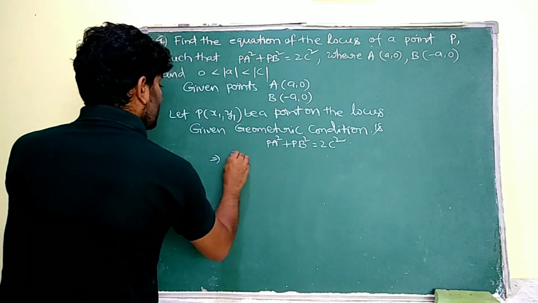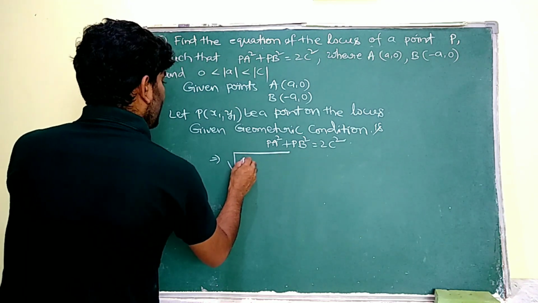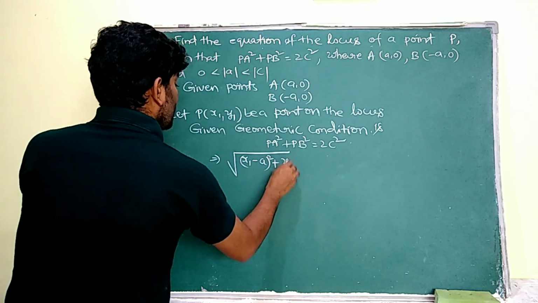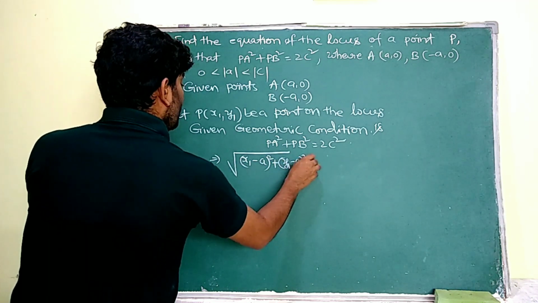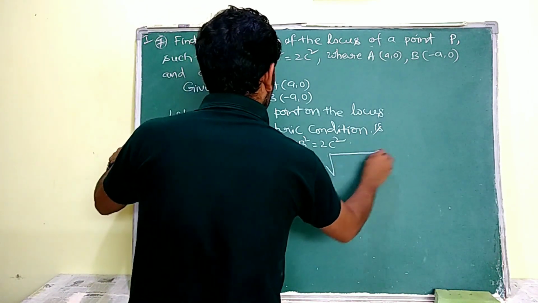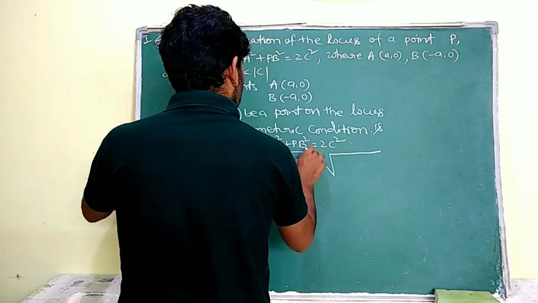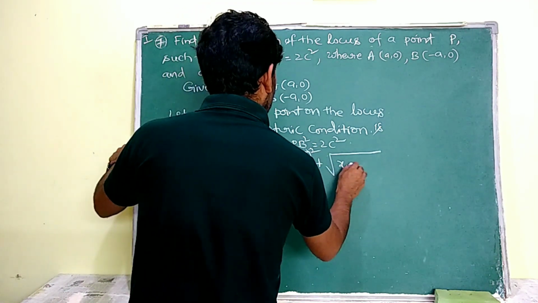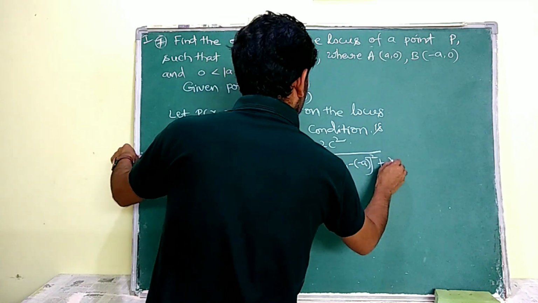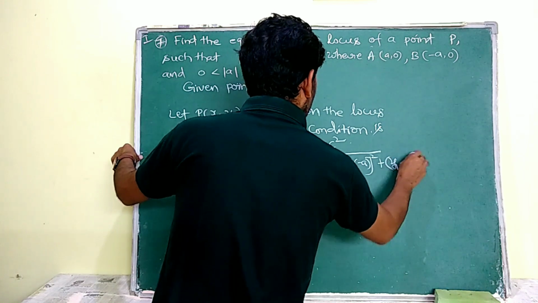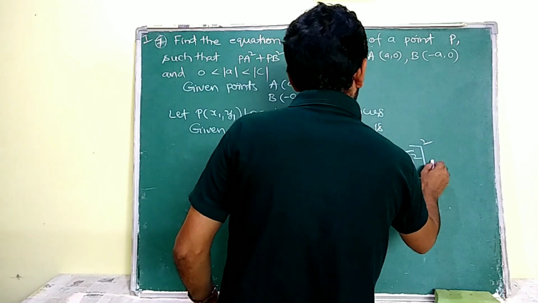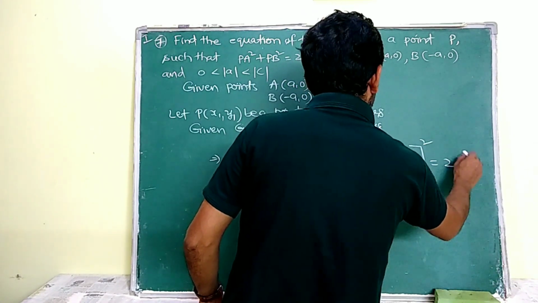So PA is root over (x1 minus a) whole square plus (y1 minus 0) whole square, plus PB is root over (x1 minus of minus a) whole square plus (y1 minus 0) whole square, is equal to 2 into c square.